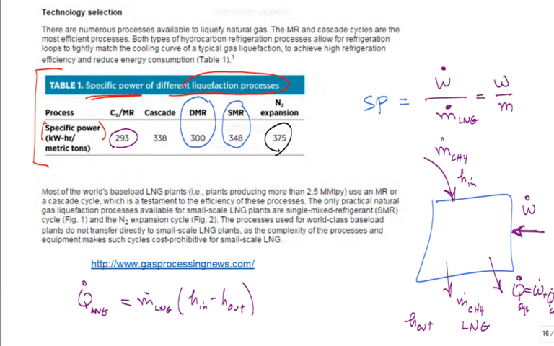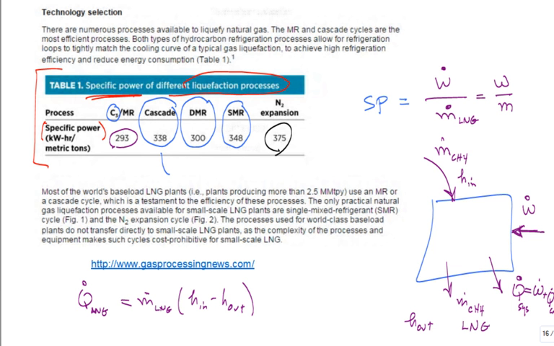What do you think D is for mixed refrigerant? Dual, double, something like that. And then cascade. Hey, we were studying cascade refrigeration systems. And then this one is a C3. That C3 is for propane. It's a propane mixed refrigerant system.